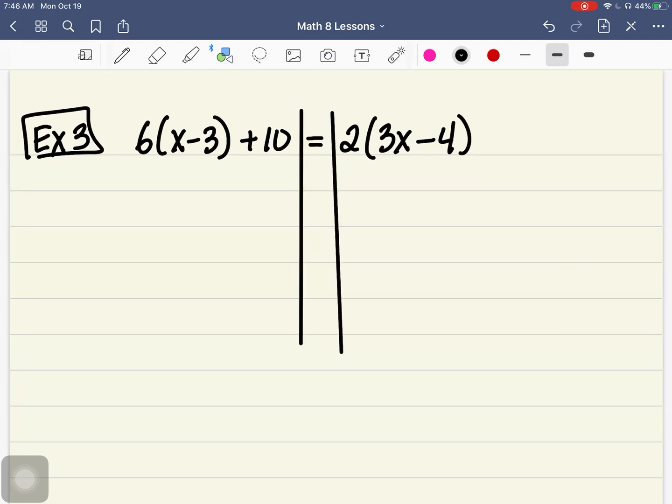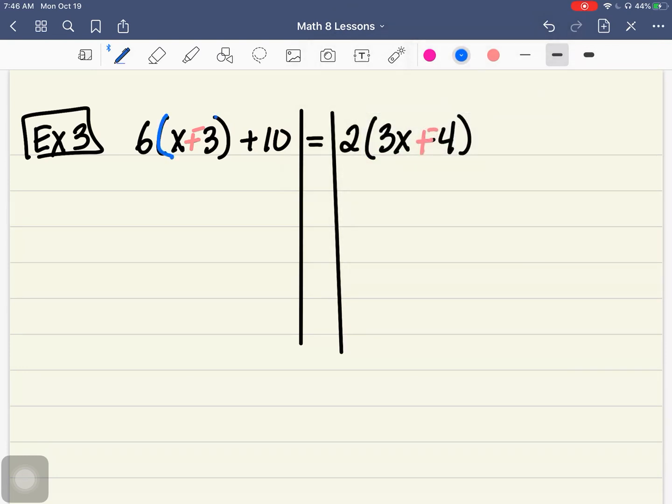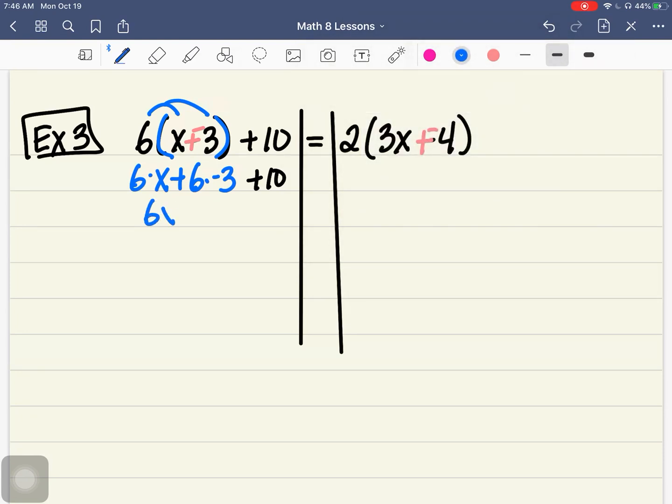All right. Let's go through and change my minuses to plus a negative, and let's go through and solve. Left side, I see parentheses, so 6 times x plus 6 times negative 3. We still have a plus 10 here. 6x plus negative 18 plus 10.